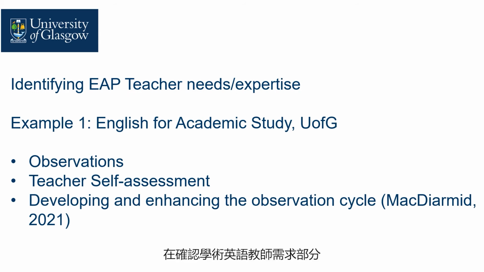In identifying EAP teacher needs, I'm going to give two examples. One is from my own context and how we do it. As part of our professional development provision, we conduct observations. These are primarily developmental observations, but they do provide a source of information for workshops. We might identify that teachers would benefit from, in this last year, thinking about technological pedagogical content knowledge, or more knowledge of different academic genres in different disciplines.